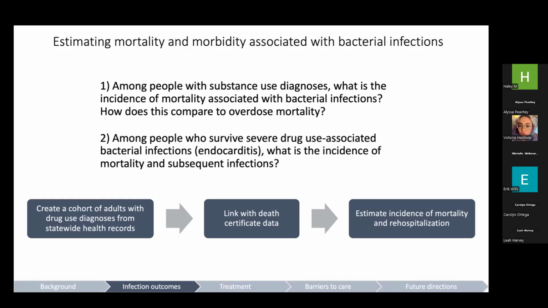And so in order to look into these questions, we created cohorts of people who had drug use diagnoses using statewide health records, and then linked those data with death certificate data, and then estimated the incidence of mortality and rehospitalization.